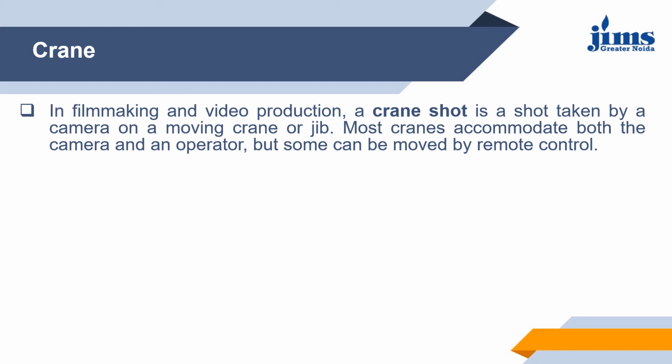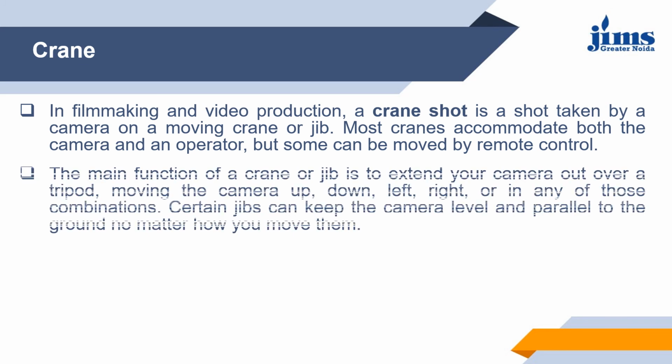There is a chair mounted on the top of the crane, and also there is a place where the tripod can be fitted, and the camera is fitted on the tripod. And now the camera is moving along with the cameraman.